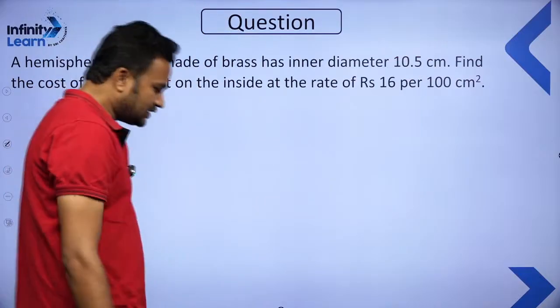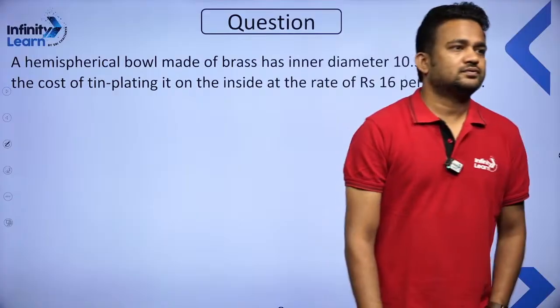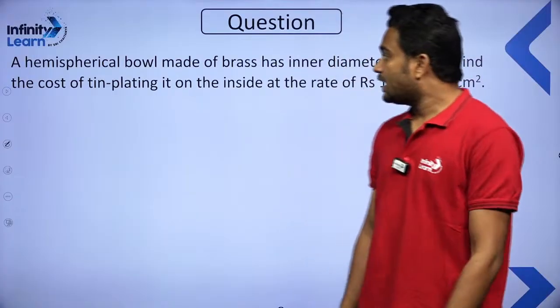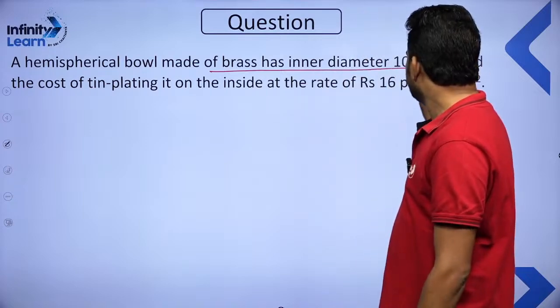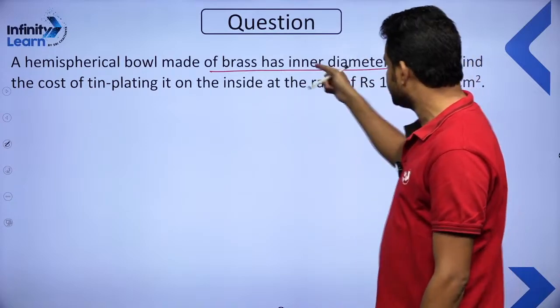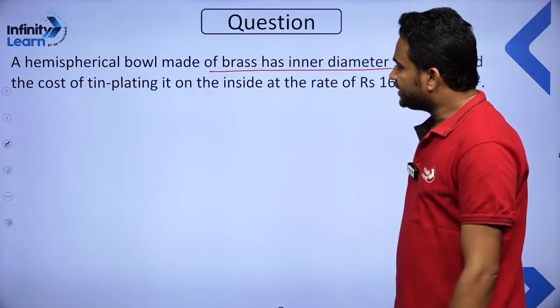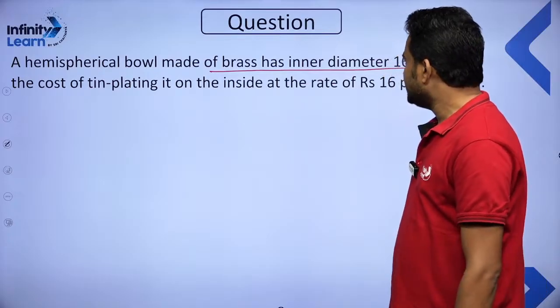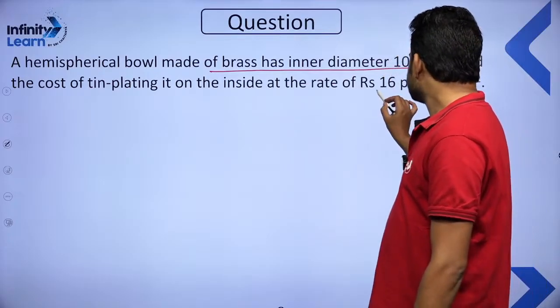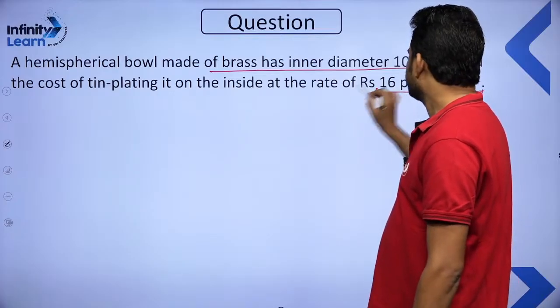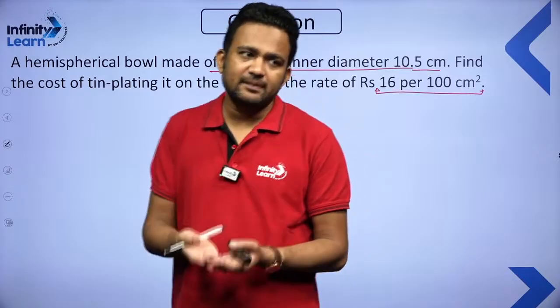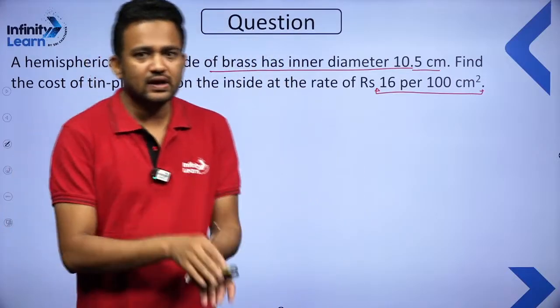All right. So let's move to another question. A hemispherical bowl made of brass has inner diameter 10.5 centimeter. So this is the diameter. Find the cost of tin plating it on the inside at the rate of rupees 16 per 100 centimeter square. Yes. So inner diameter is known, so we can find the inner radius.